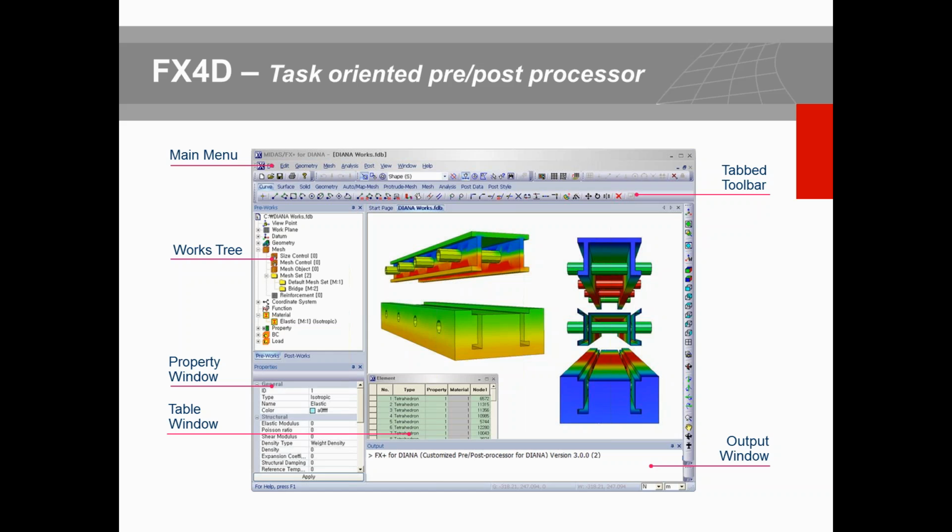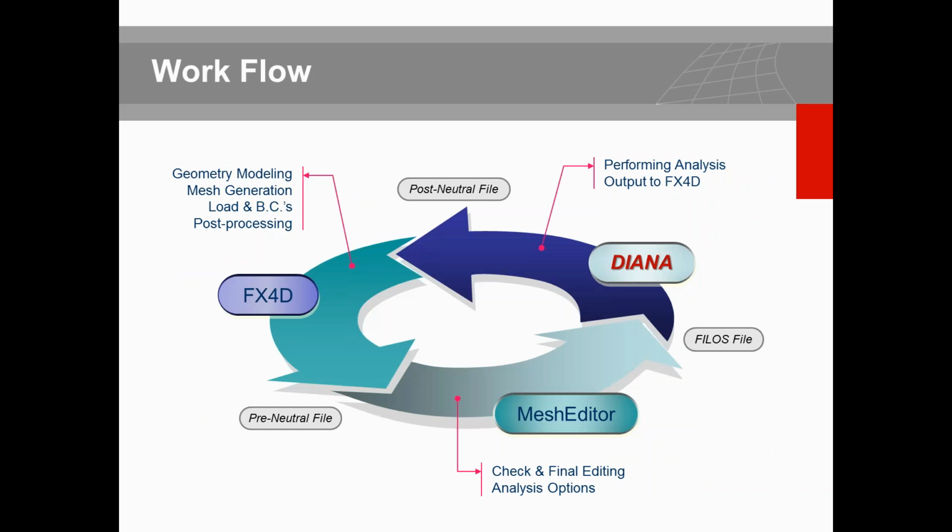And the major one was that it was not fully integrated. That means you had to generate your model, mesh it, set up the analysis, and send it to an intermediate environment, define advanced material properties, do the detailed analysis setup, perform the analysis, and get the results back again in FX. So it was not really integrated.